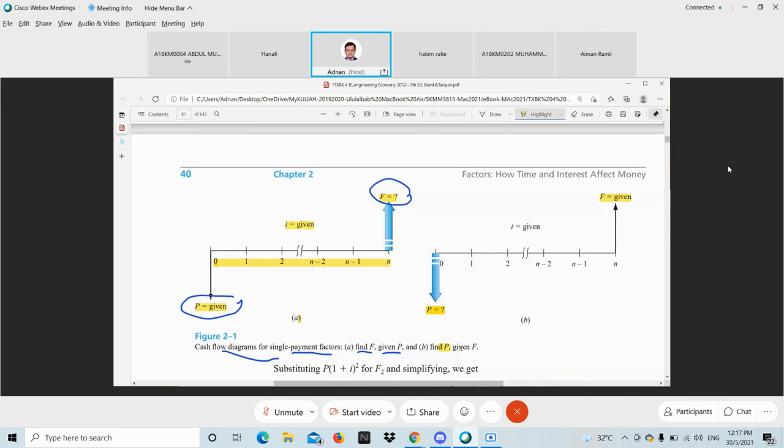Find the P given the amount that you want to achieve. You nak 50,000, sekarang kena ada berapa? Sempat tak? Lepas 5 tahun cukup tak 50,000? So you either increase the time ataupun you kata okay, I want to invest in a better investment lah.